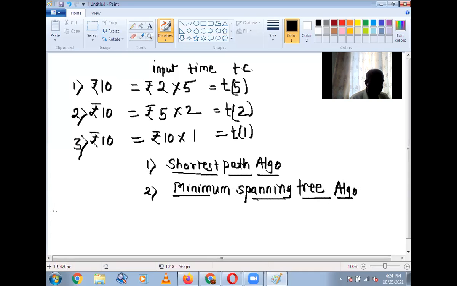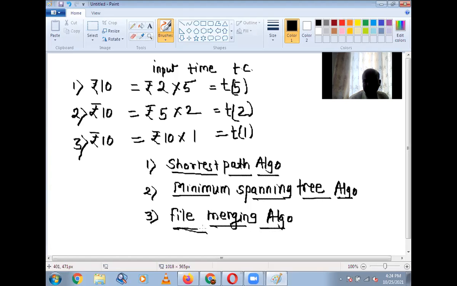And third application, file merging algorithm. These are the three applications.